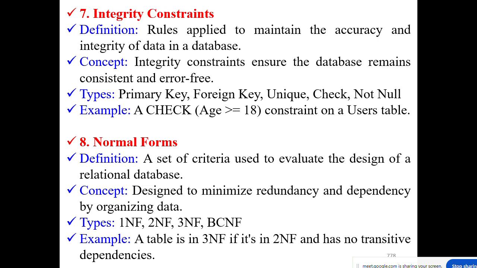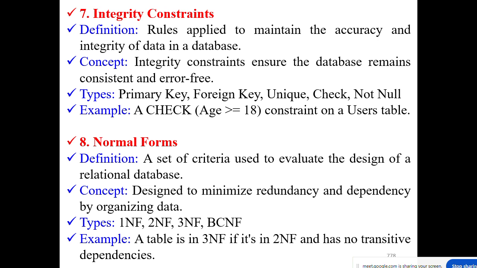Ramchan, how can you define redundancy? Duplicate data, redundant data, and dependency, by organizing data. That's why we use types of normal forms like 1NF, 2NF, 3NF, BCNF, 4th NF, 5th NF. Those are the types of normal forms.